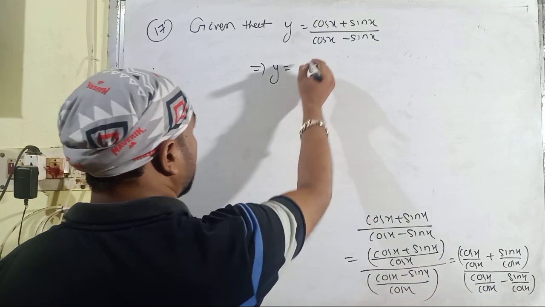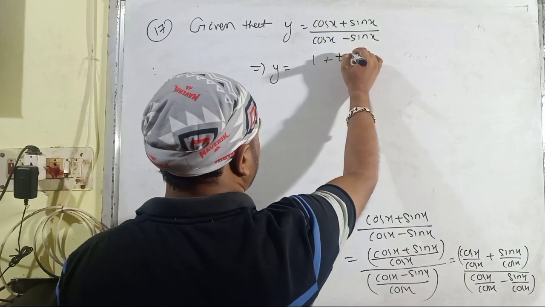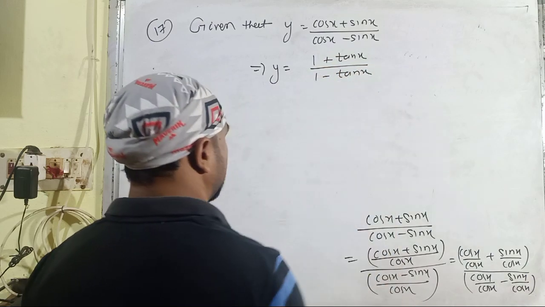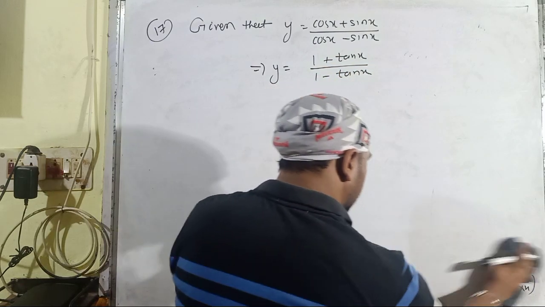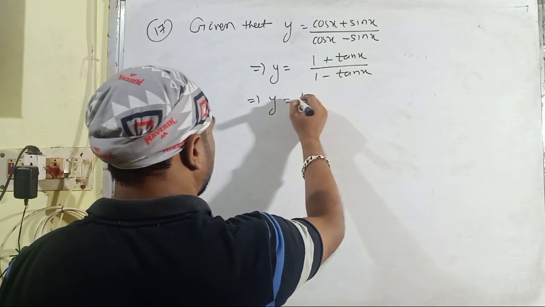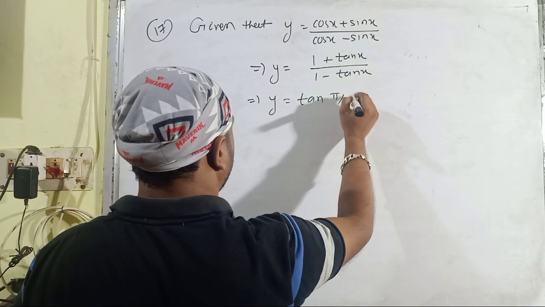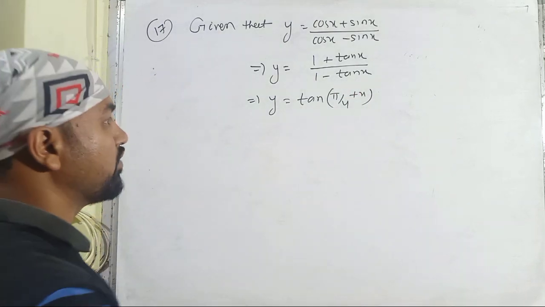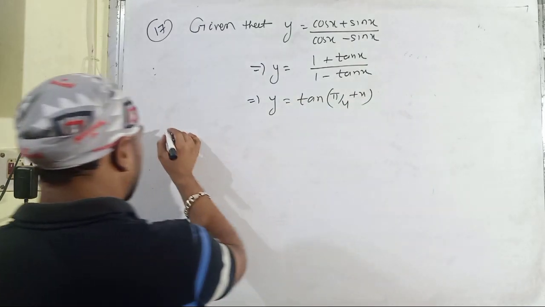So it will be 1 plus tan x divided by 1 minus tan x, which will be equal to tan pi by 4 plus x.